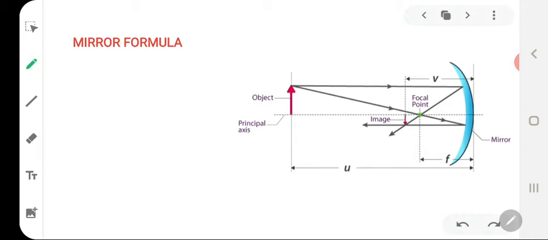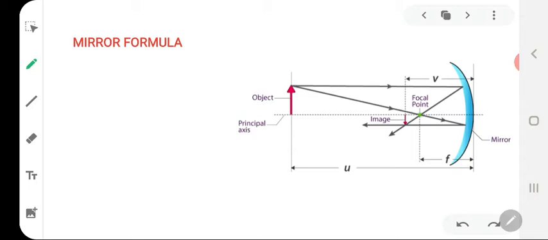Now, there is a relationship between the object distance, image distance and focal length of a spherical mirror. This relationship holds good for both concave mirror and convex mirror, and it is given by the mirror formula. So, what is the mirror formula? A formula which gives the relationship between image distance, object distance and focal length of a spherical mirror is known as the mirror formula.